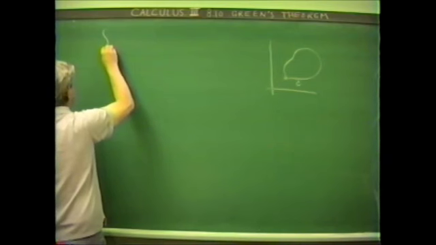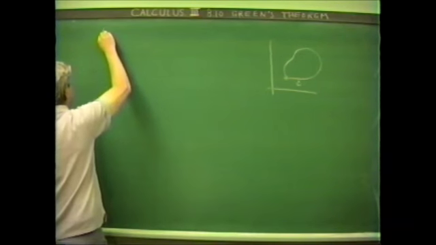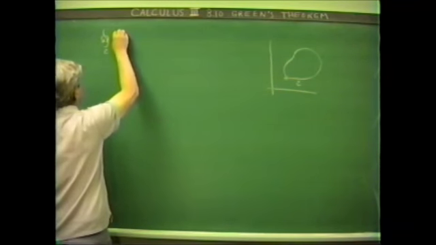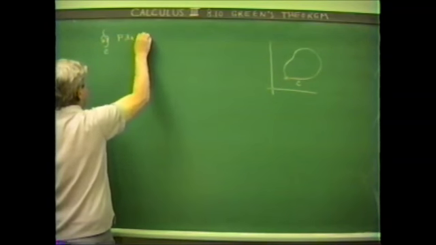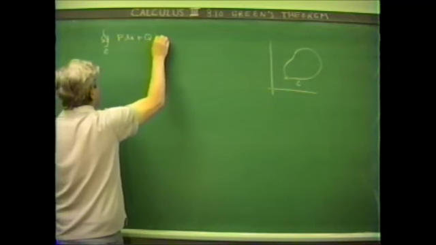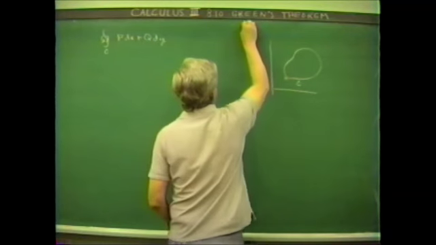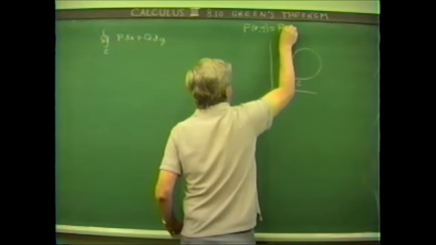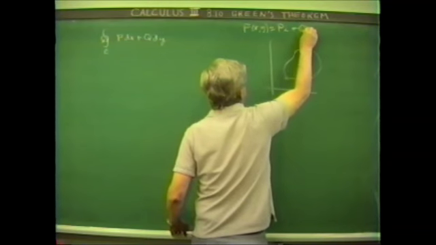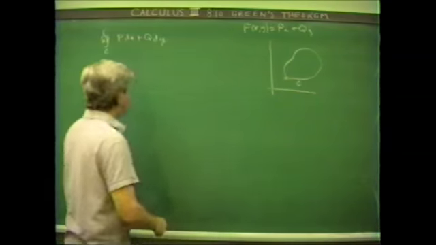the integral around C in the counterclockwise fashion of p dx plus q dy, right? So where we've got F of x and y is p i plus q j, p and q are functions of x and y.